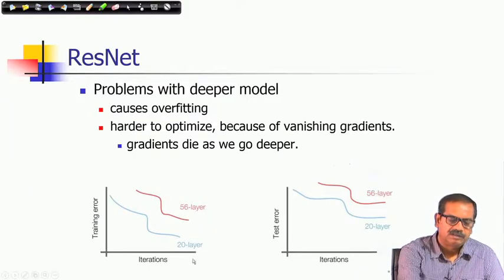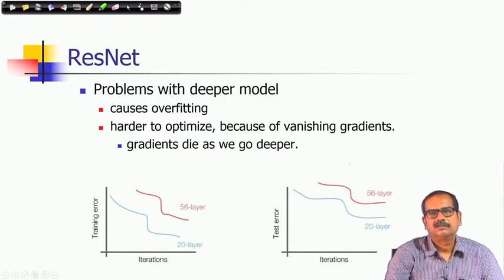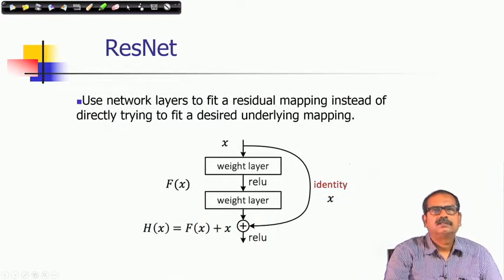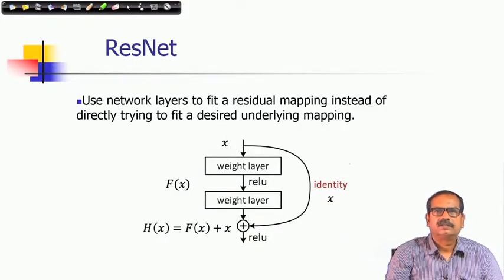So, this is a normal CNN. It is a CNN with fewer layers, and this is a CNN with more layers. So, you will have this problem that your error will be higher. So, in the residual network or ResNet, what we try to learn is the residual errors. It fits the residual mapping instead of directly fitting the data itself.